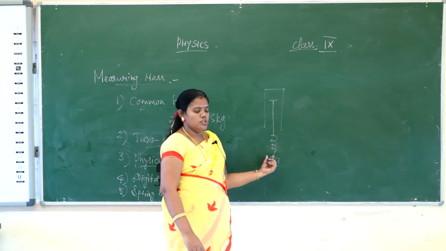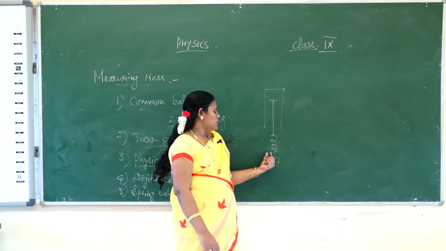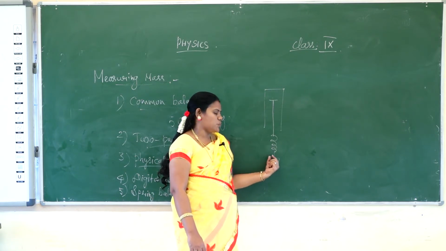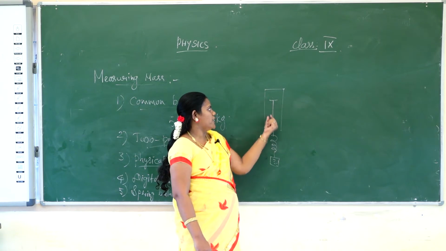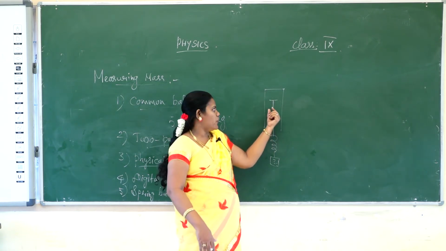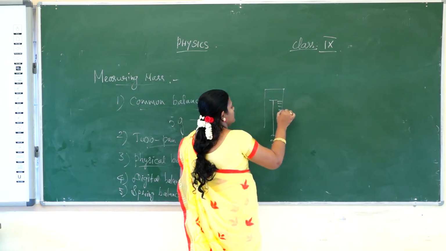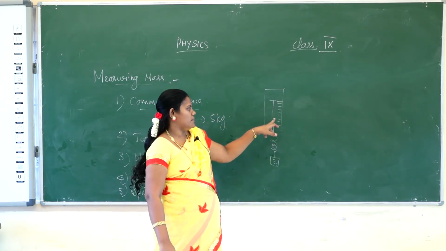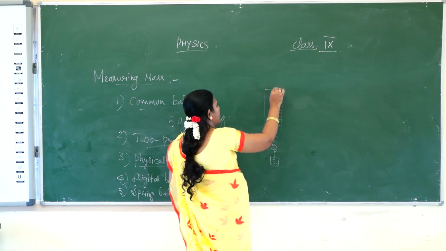Whatever object you want to weigh, you hang it at the lower part of the spring, and the pointer moves up and down. The pointer shows on the scale the weight of the thing. This is a spring balance.